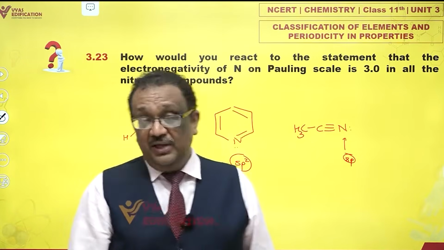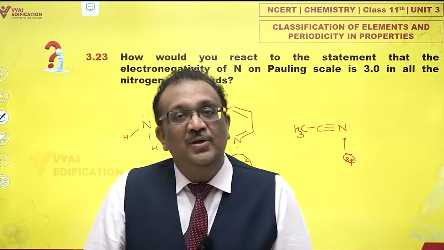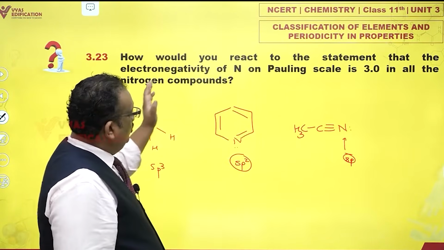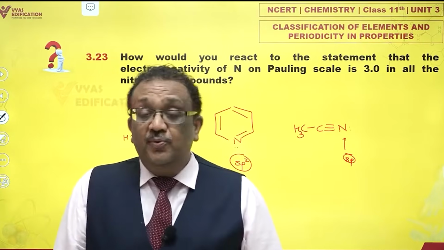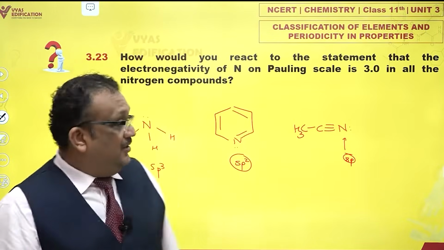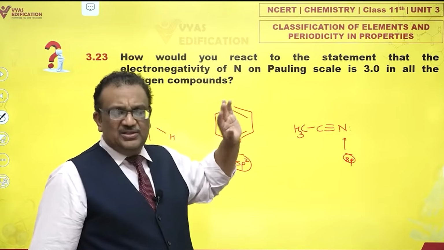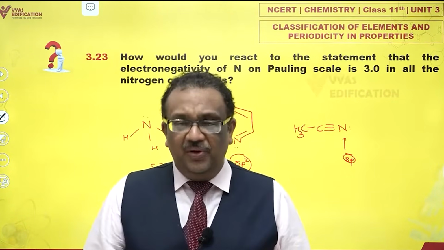Is that so? Yes. And that's all? No, that's not all. The first point is, when you see the electronegativity of nitrogen on Pauling scale, beautiful though it may be, we have to be very clear that this is recorded on the basis of few molecules like ammonia, NF3, whatever.